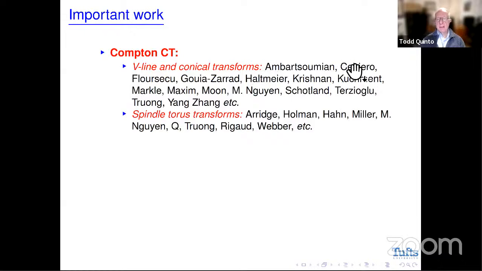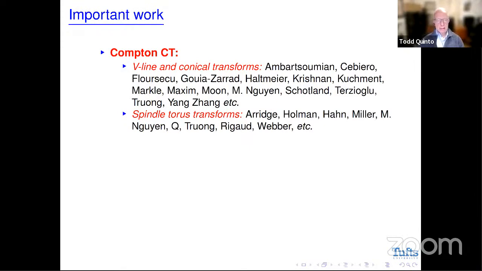And here are just some of the people: Bartsumian, Christian, Kuchman, Emnun, Shotland, Sergolo, and others. In the spindle-torus transform, which is another type, the source can be fixed and the detector is also fixed. And then you integrate over either lemon-looking things or, they call them, apple-looking things.